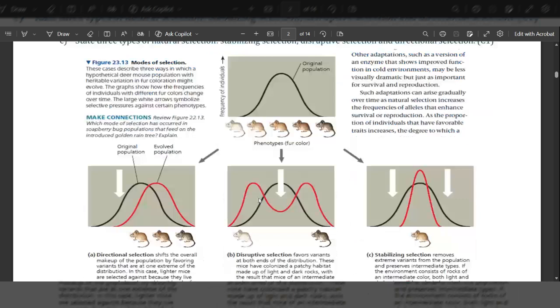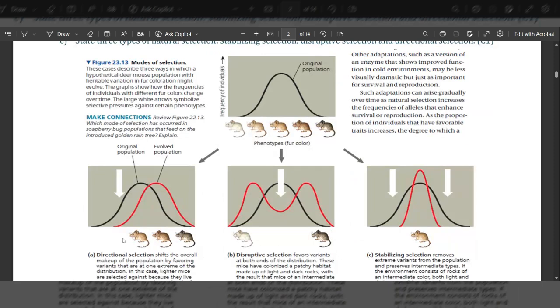Okay, so if you look at the diagram here, the black color is the original population, while the red color is the population's frequency after the selection is done. So based on different outcomes, we can classify three main types of natural selection.